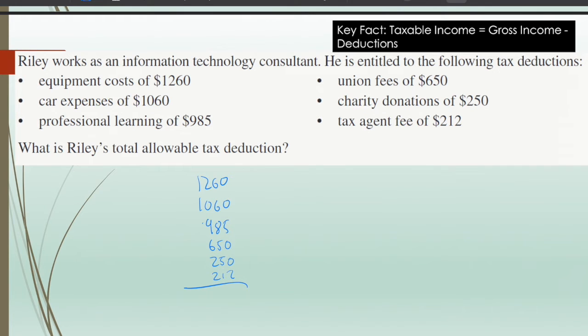Add them all up. I would encourage you to use your calculator instead of trying to do it in your head. Riley has $4,417 worth of allowable tax deductions.